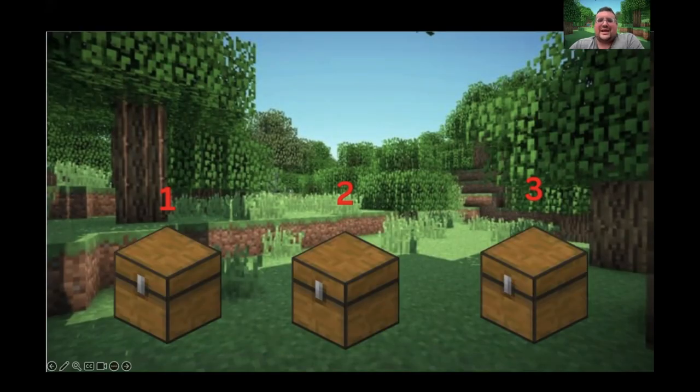All right, for this one, we have 3 wooden crates. Inside one of these wooden crates is some rabbit stew. That's one of the best foods that we can have. Inside another one of the wooden crates, we have some wild berries. Not as good, but not bad. And in one of those crates, it is completely empty.